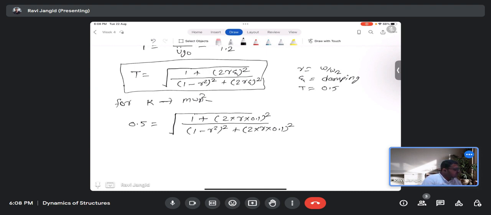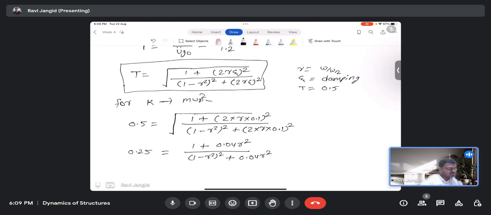So that would be 0.5 squared, which is 0.25, into 1 plus 0.04 r square, divided by 1 minus r square, whole square, plus 0.04 r square.